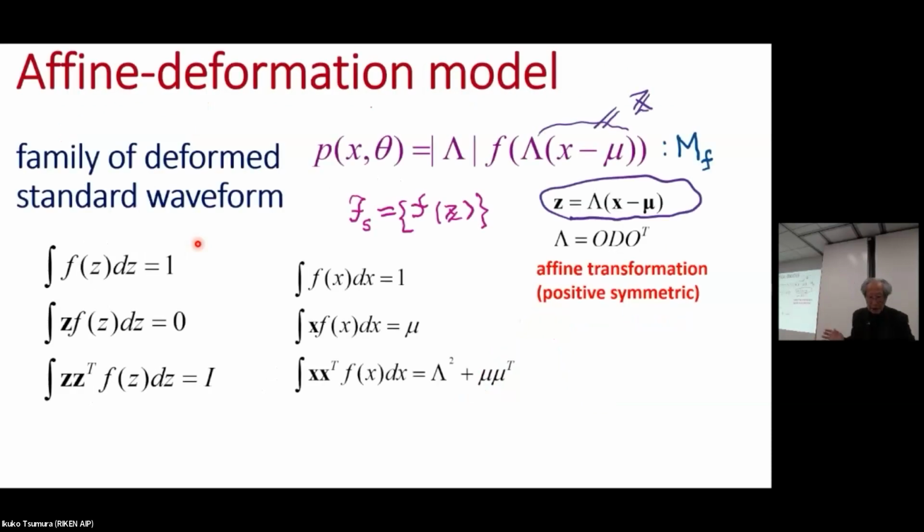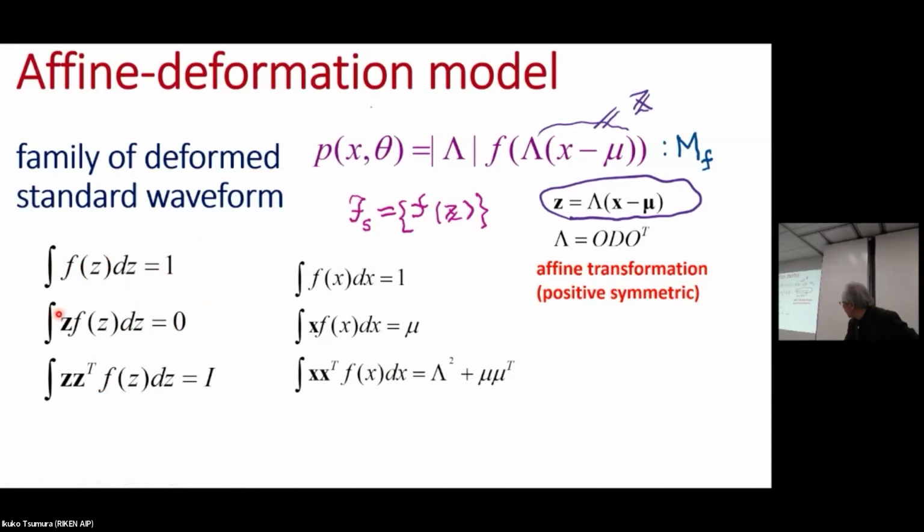So I'm interested in showing how the Wasserstein statistics are affected by the shape of the probability distribution. Okay? And so we now consider a very simple model, that is the affine deformation model. We fix the probability distribution of z as f, centered at the origin, and its covariance matrix is the identity matrix.